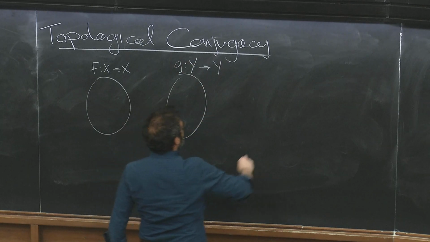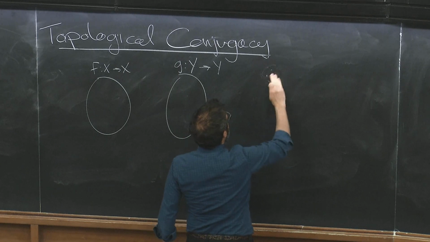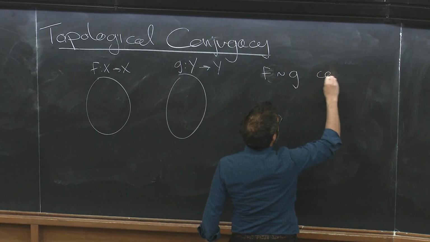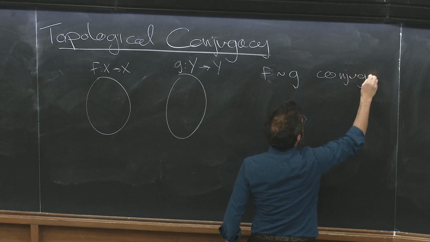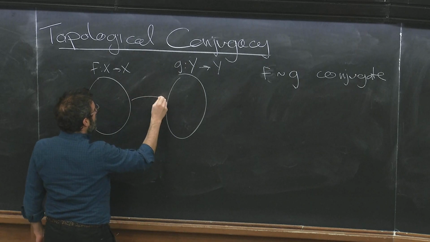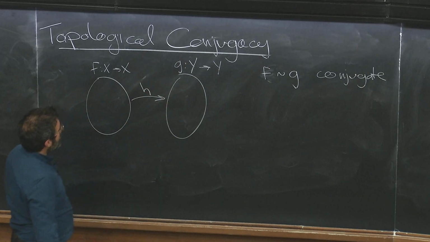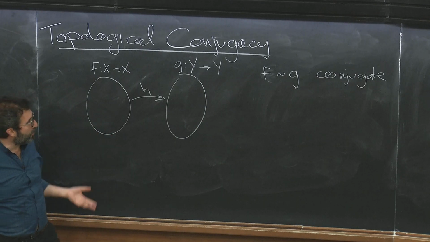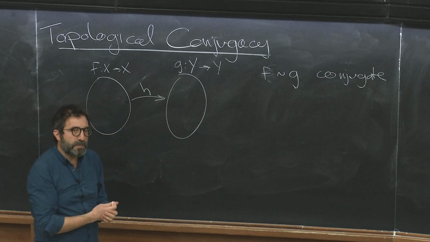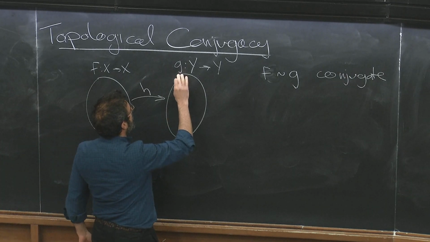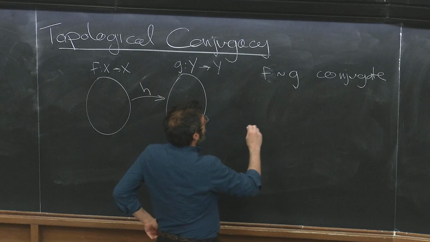then we say that F is conjugate to G. Sometimes we can write it like this, so they are conjugate, if there exists a bijection that maps all the orbits to orbits. Remember, this was the key point. We're matching up all the orbits. This is the concept of saying that two dynamical systems are the same if we can match all the orbits.